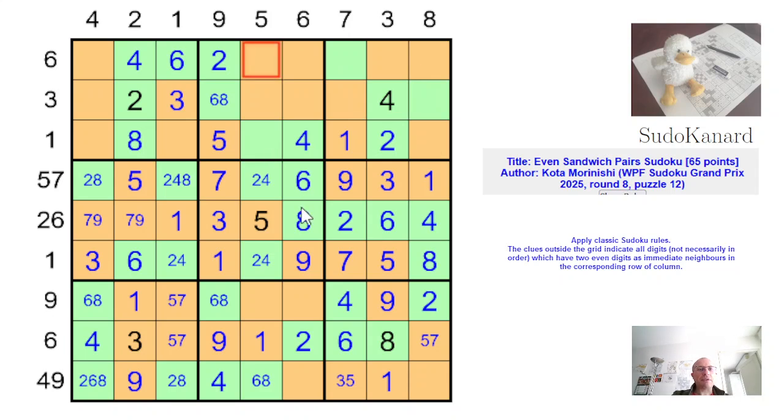And now let's finish with the Sudoku. Let's see if there's anything more with the sandwiching. I don't think so. So this can only be a 9. This is a 7, that's a 3.